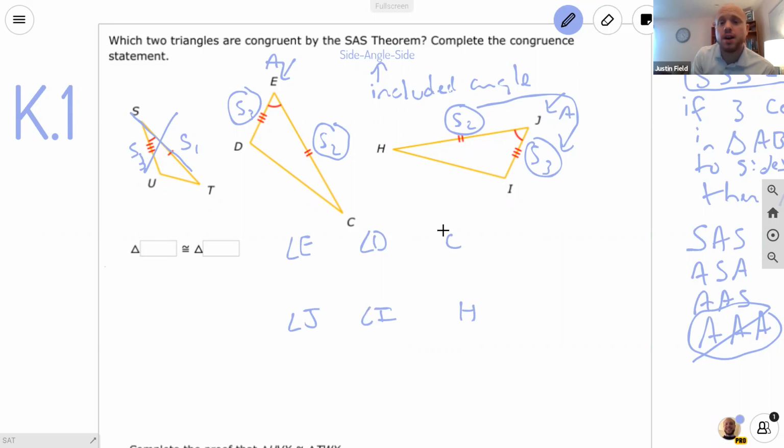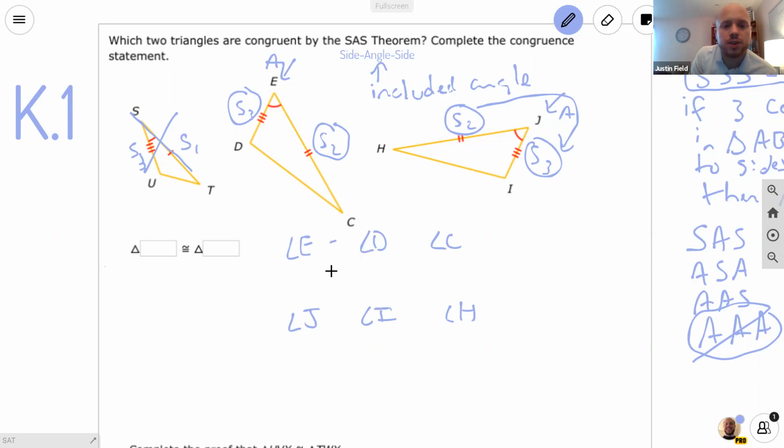I'm not going to make this chart for any other triangle problem, but for this one, if you really are getting stuck, you can build this chart.